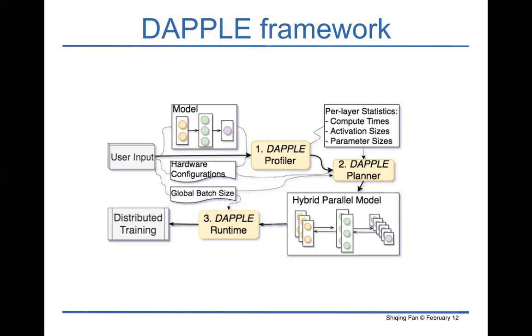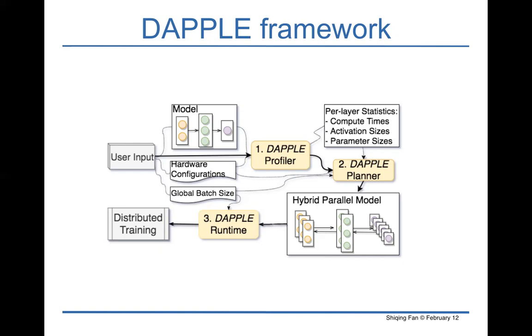Taking profiling results as input, the DAPPLE planner generates a near-optimized hybrid parallelism plan for a given global batch size. Both the DAPPLE profiler and planner are offline and can be completed in a few seconds for all of our 6 benchmark models, which will be introduced later.